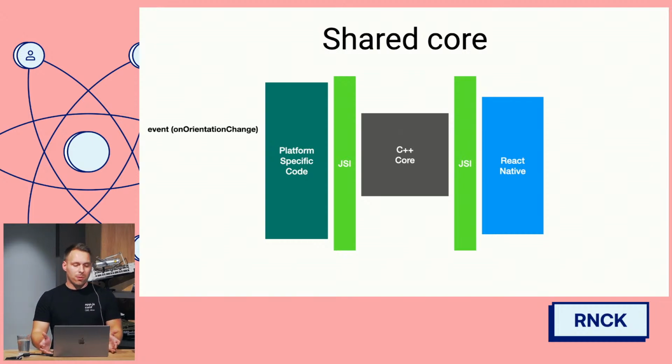So imagine that you have an event, like one of your users changed the orientation from portrait to landscape. So there is a device event on orientation change. I can call the C++ core via JSI and update the value.